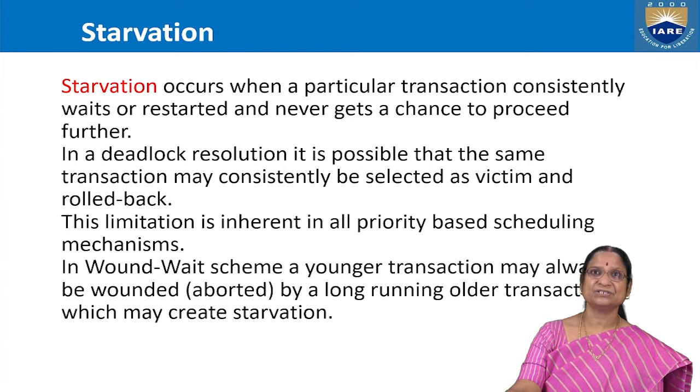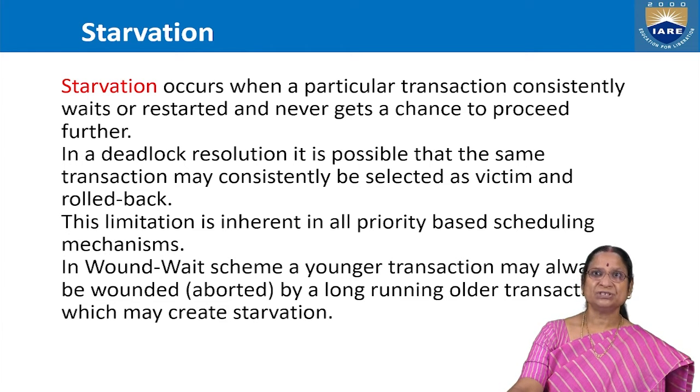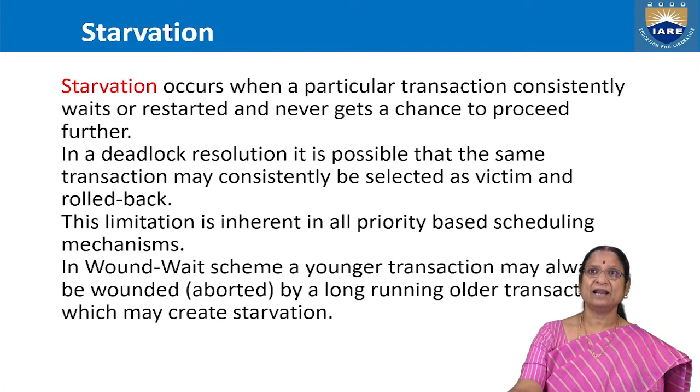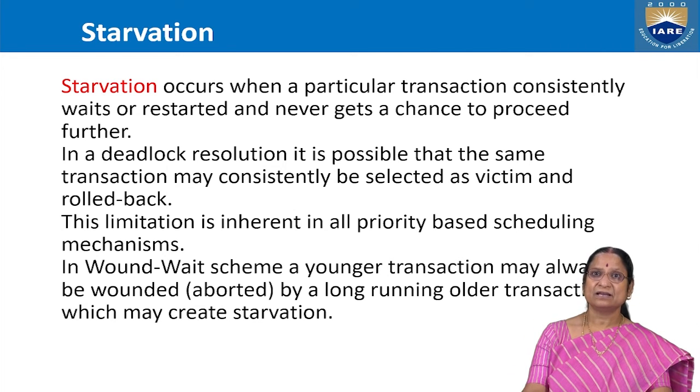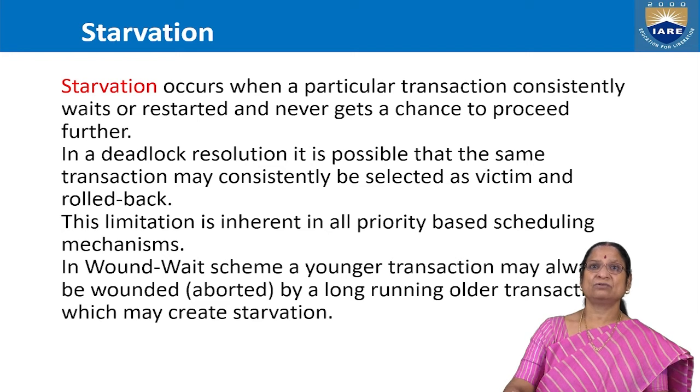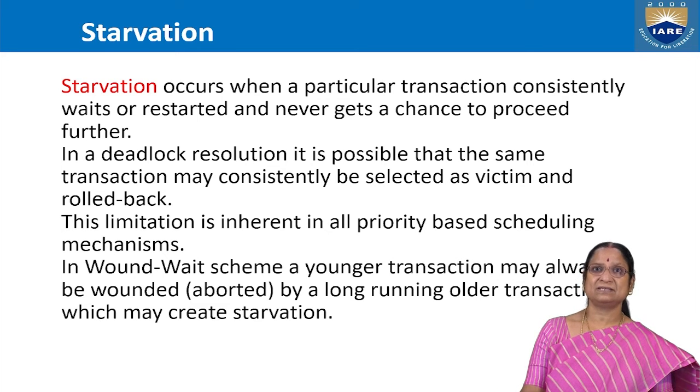Then what is starvation? Starvation occurs when a particular transaction is consistently waiting or restarted and never gets a chance to proceed further. We call that transaction starved. Starvation can arise from deadlocking, wait-die or wound-wait, and so on.